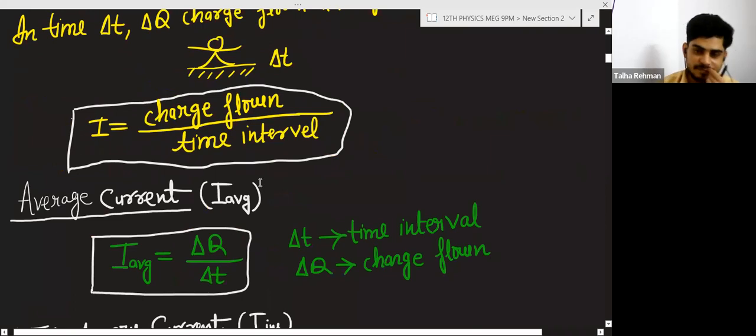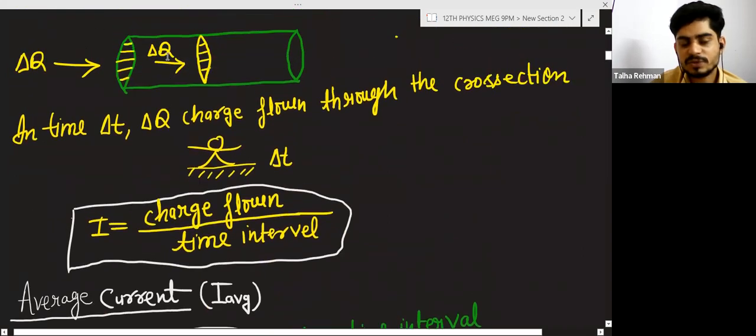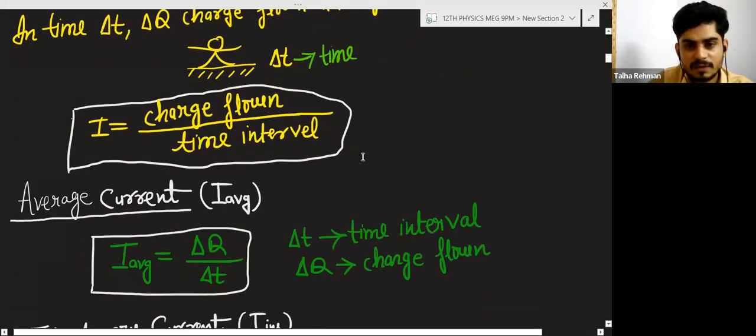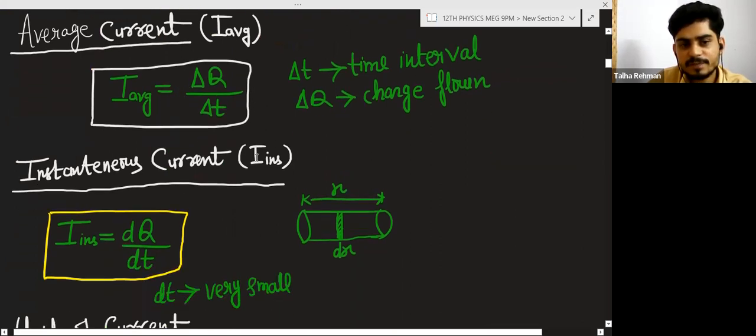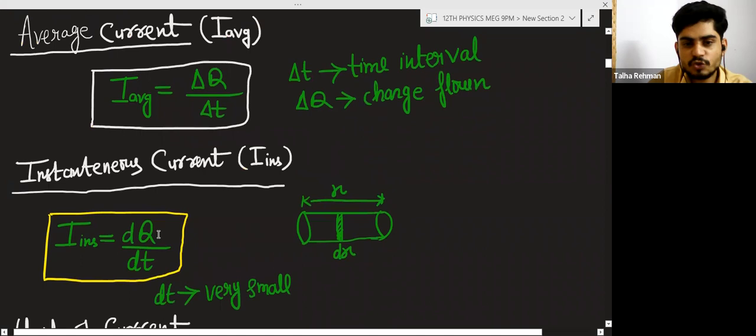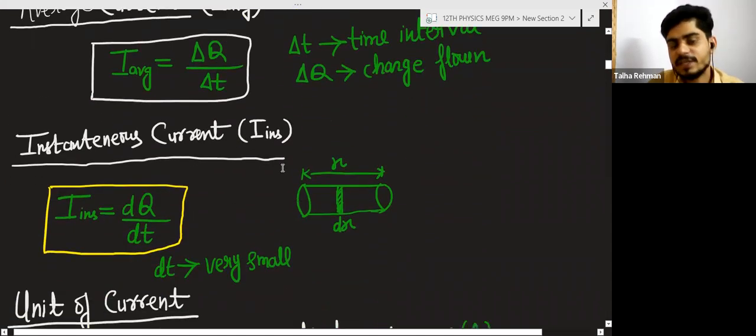So average current is delta Q divided by delta T, where delta Q is the amount of charge flowing in delta T time. Instantaneous current is dQ by dt, like the instantaneous velocity.